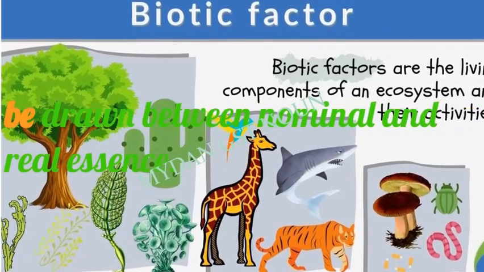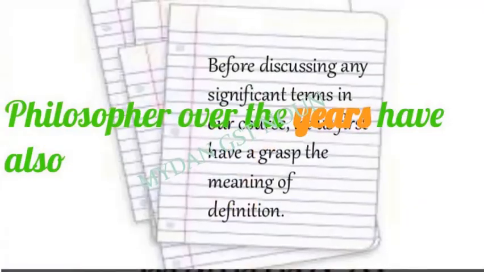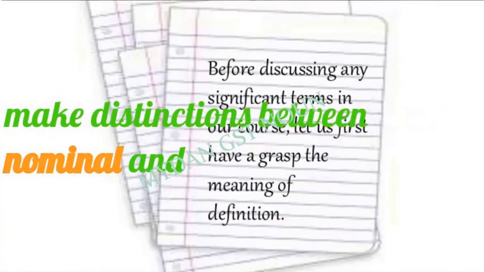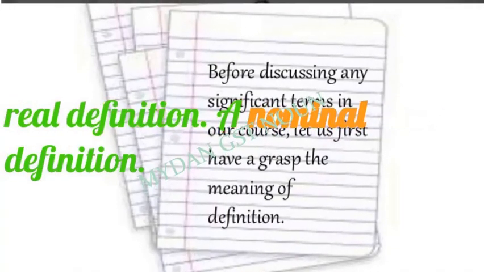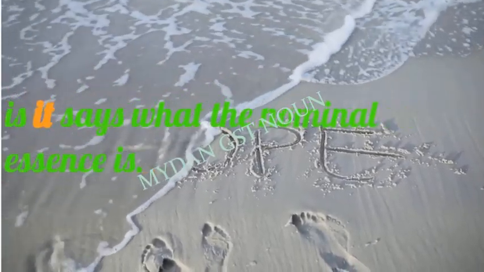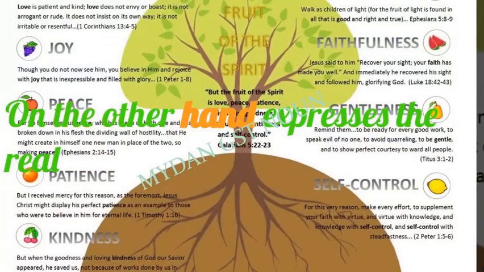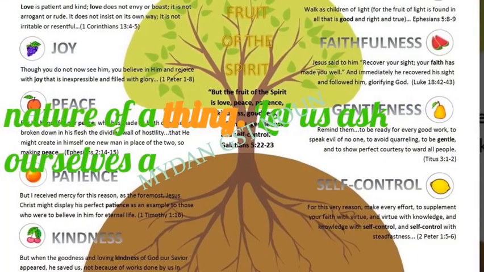As a distinction can be drawn between nominal and real essence, philosophers over the years have also made distinctions between nominal and real definition. A nominal definition is one that explains what a word means. That is, it says what the nominal essence is. See the above example. Real definition, on the other hand, expresses the real nature of a thing.